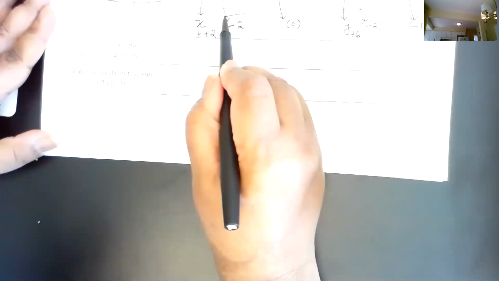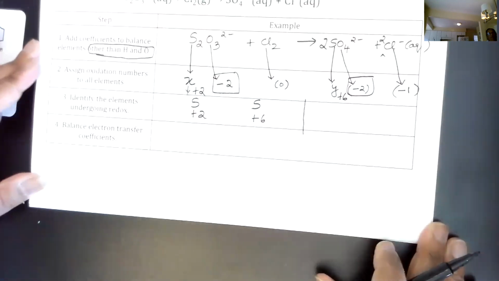So now the next step is to identify those that are undergoing changes. Oxygen is not undergoing any change. The sulfur goes from +2 to +6. I'm just going to crudely write it like that.